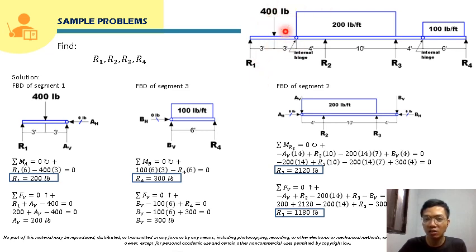The applied loads will be 400 pound plus, we resolve this into point load, 200 times 14, and then plus we also resolve this to point load, that will be 100 times 6. The resultant of those applied loads should be equal to the resultant of the reaction forces. So you can check that.